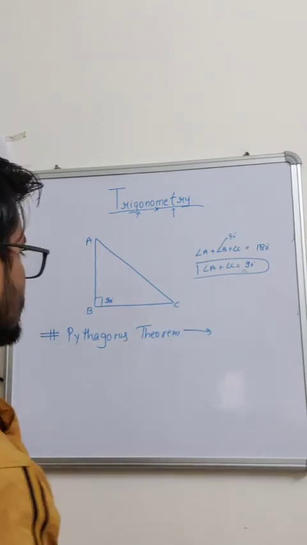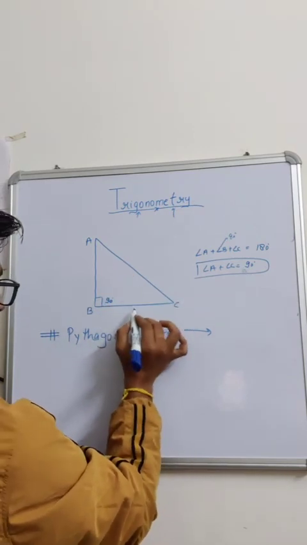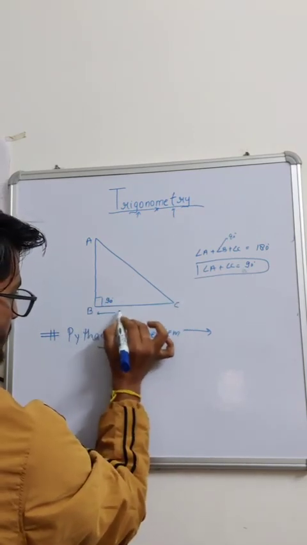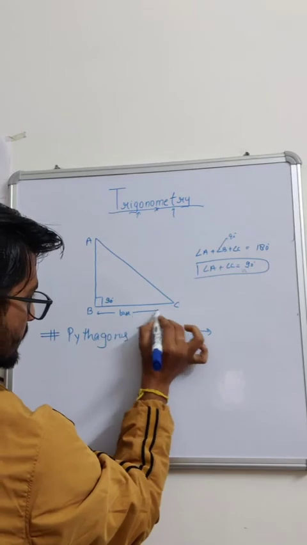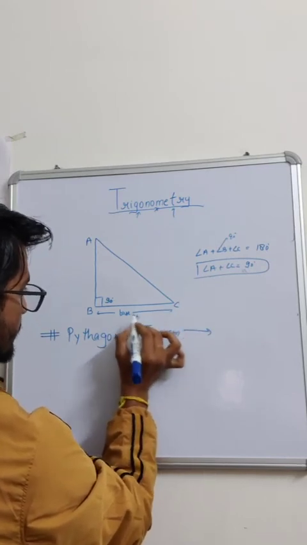What Pythagoras theorem says, let me give names. This is the base, I am giving the name small b.